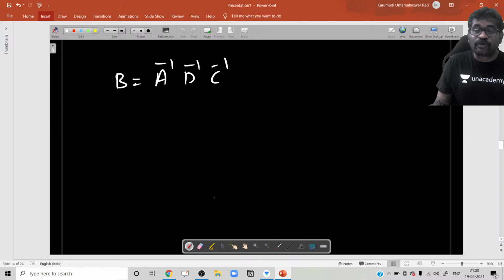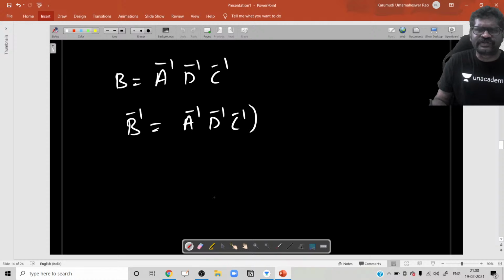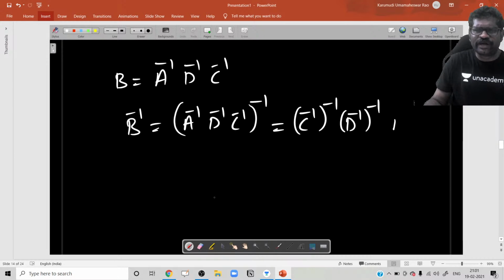Now we have to find out B inverse. That's why take inverse on both sides. B inverse equal to A inverse D inverse C inverse whole inverse. This is nothing but C inverse whole inverse, D inverse whole inverse, A inverse whole inverse.